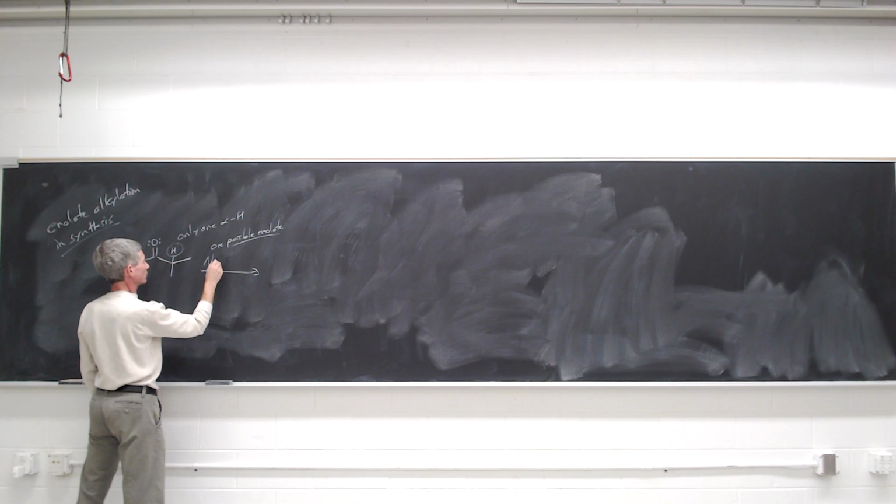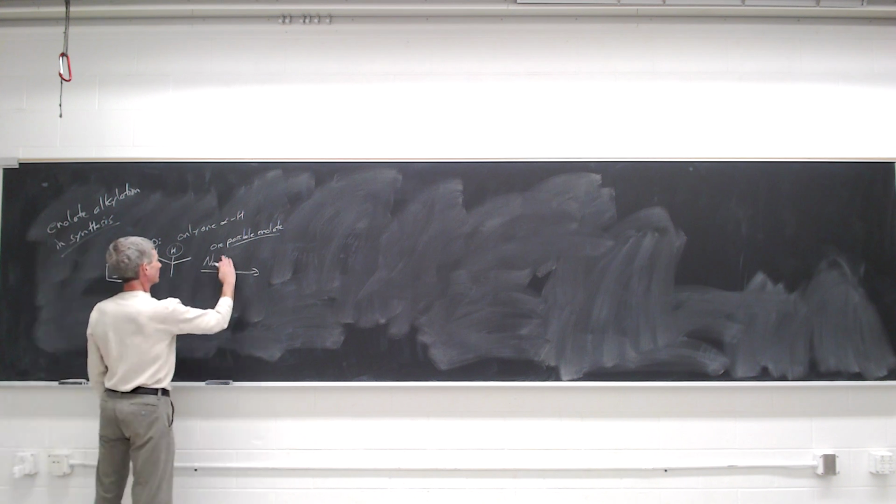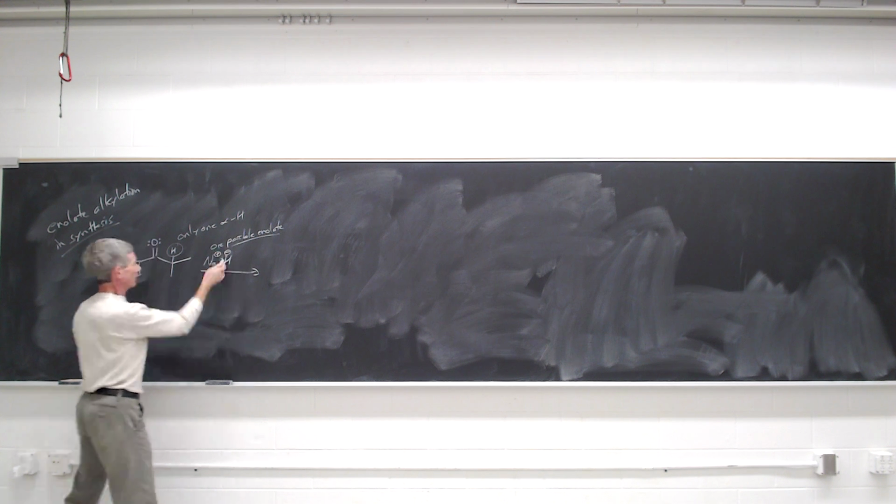And we can use a suitably strong base. Potassium hydride is another base that's often used when you're not worried about multiple enolates.